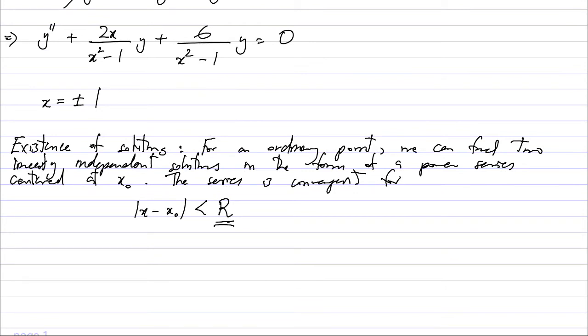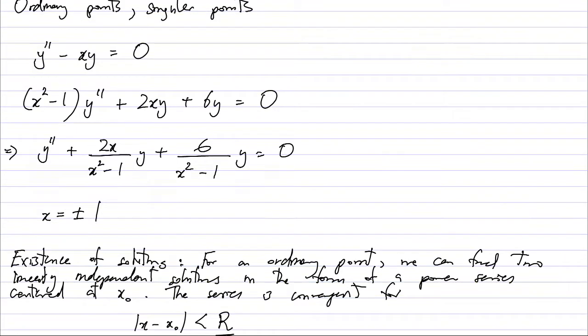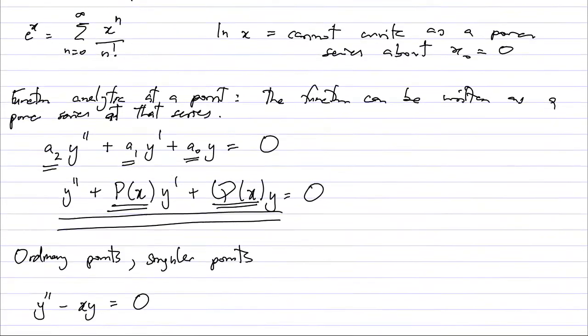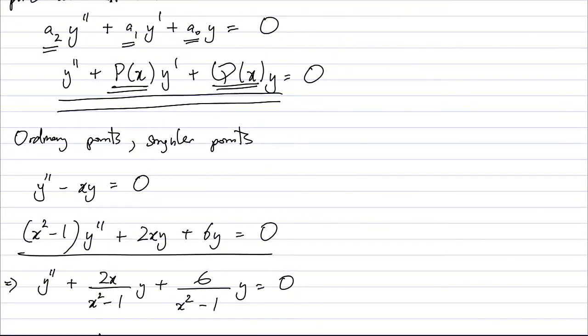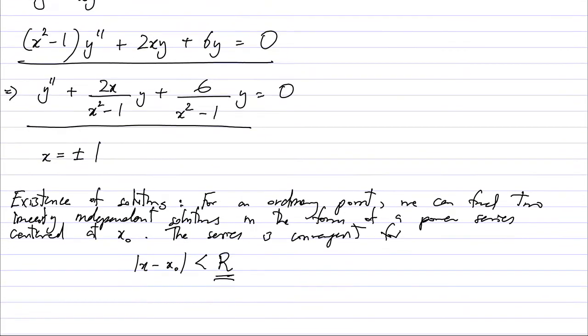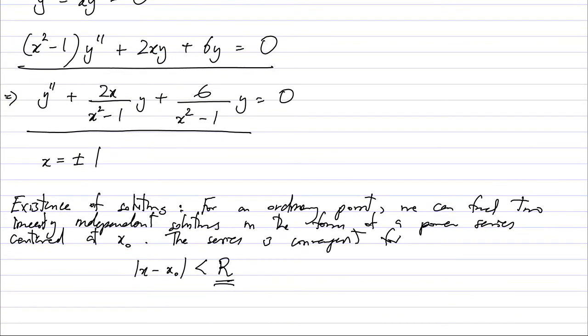This just means, for example, if you have this differential equation and you put it into standard form, you have this. Once you have that, you can say P of x converges between -1 and 1, because it blows up at x equals +1 and x equals -1, and Q of x converges between x equals -1 and x equals +1.